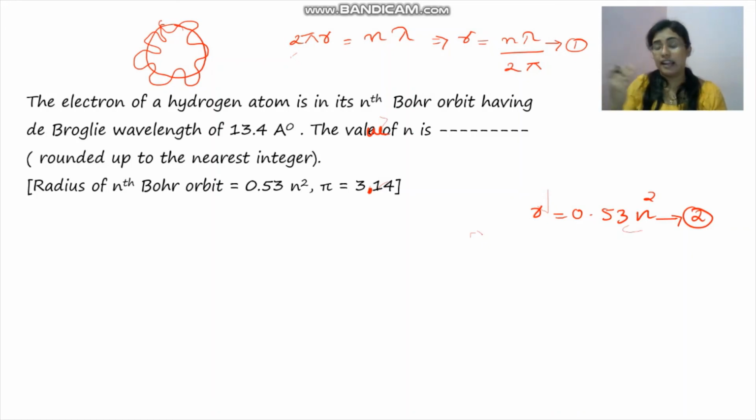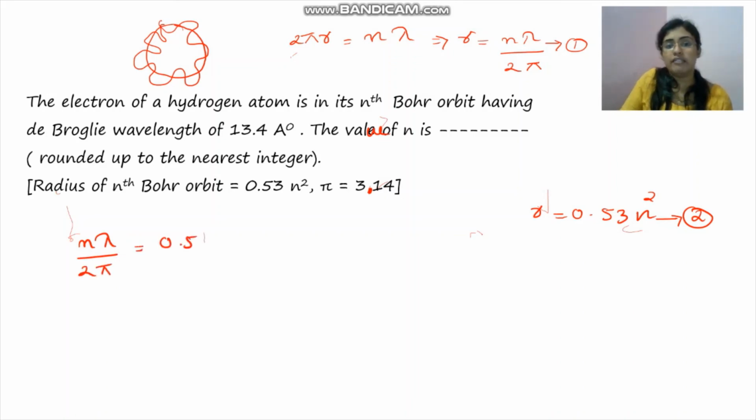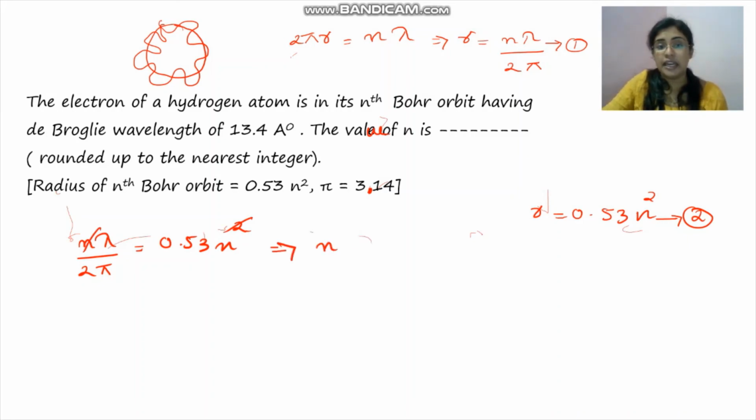Now I have two equations for radius. Since the left hand sides are the same, I can equate them. So n lambda by 2 pi from the first equation is equal to 0.53 n square from the second equation. I can cancel one n from each side, and then n can be written as lambda by 2 pi into 0.53.